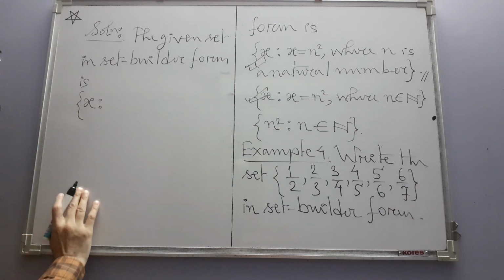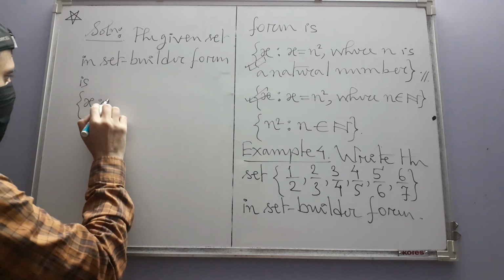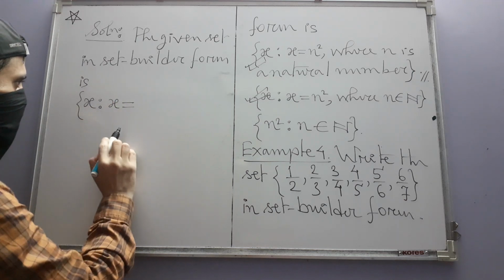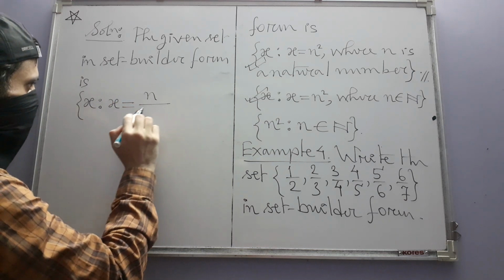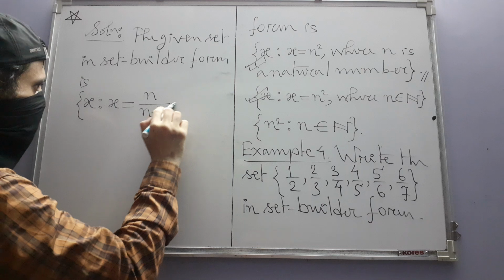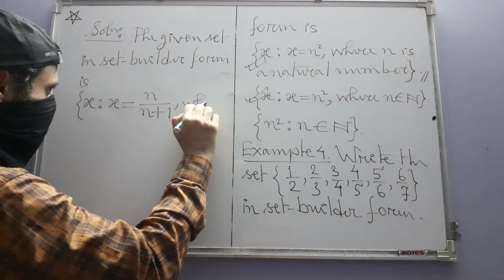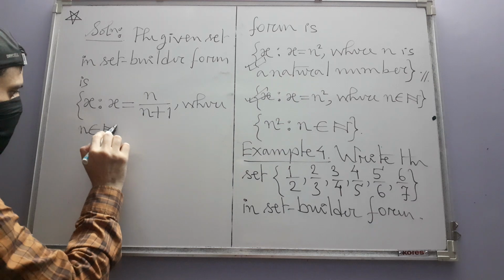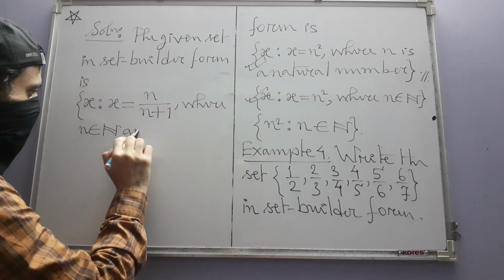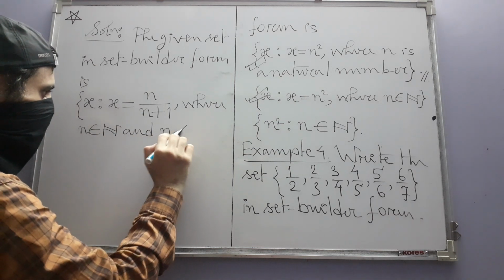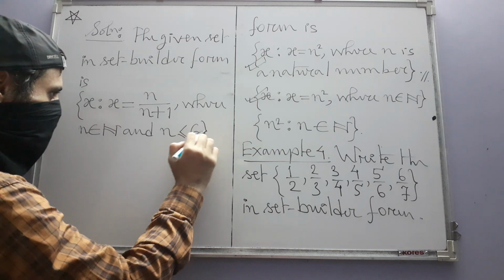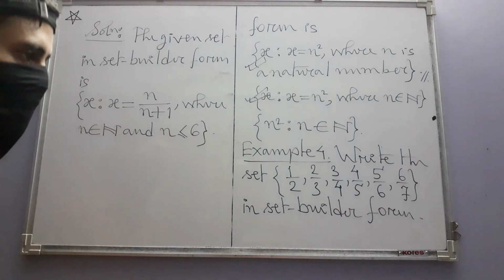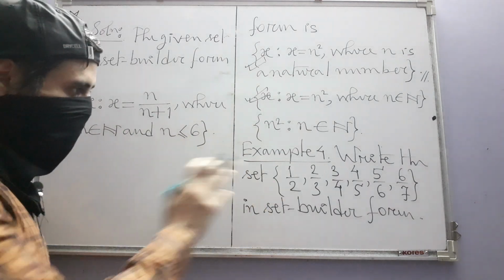It's the set of all elements X such that X is of this form, where n is a natural number and n is less than or equal to 6. Will that really give me this set?